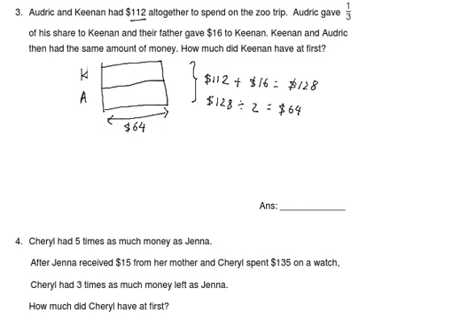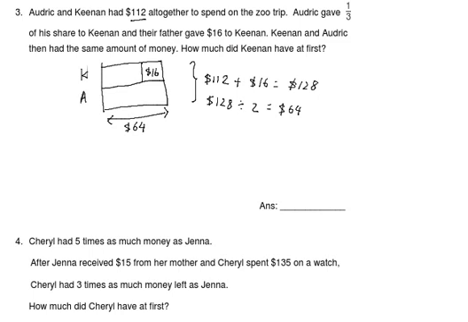Okay, now let's go back to the question. So we know that this $64, working backwards, you know that the father gave $16 to Keenan, right? That means this $16 here actually belongs to the father. Yes or no? Which I need to remove if I want to draw my before model.